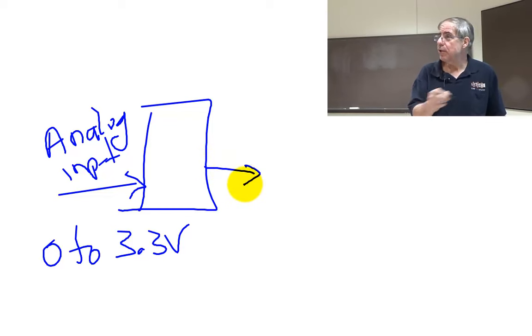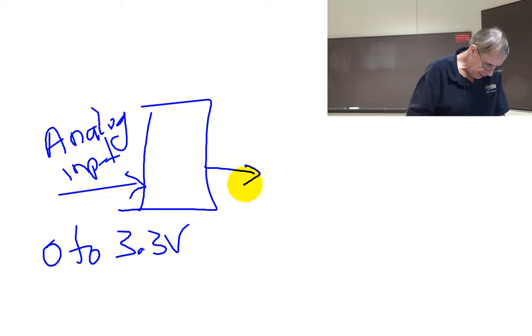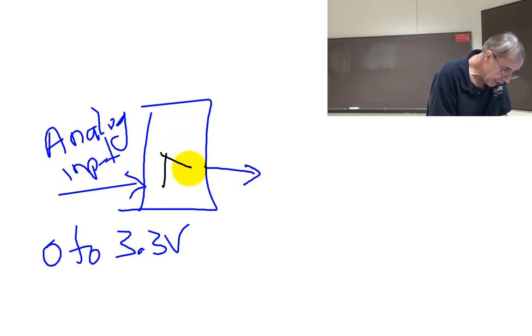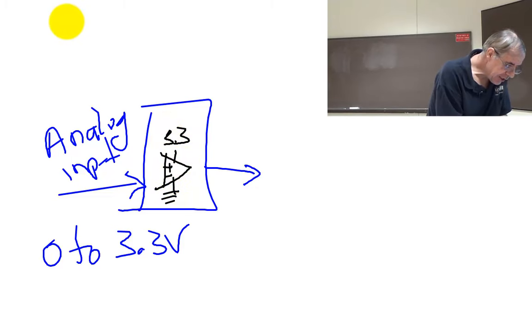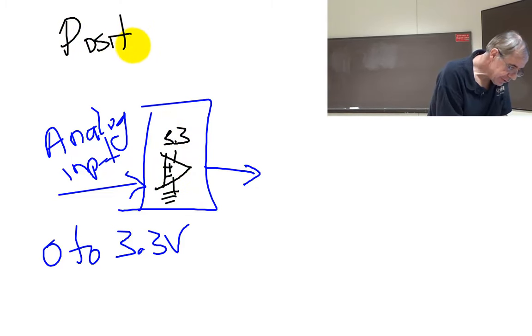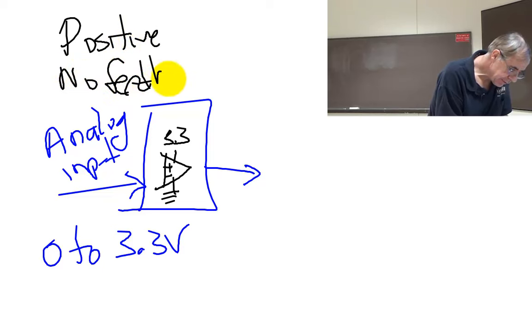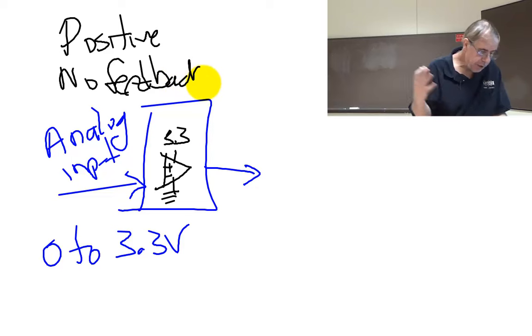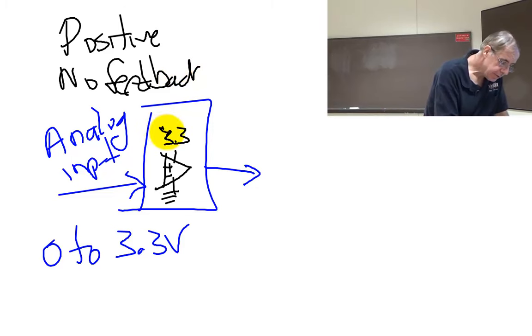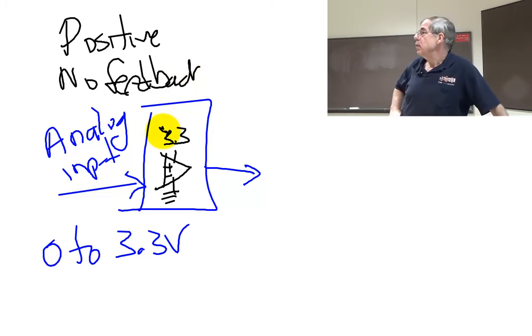If this is an OpAmp right here, which either has positive or no feedback, what can you tell me about the output? It's going to be what or what? 0 or 3.3. And what's the definition of such a signal?